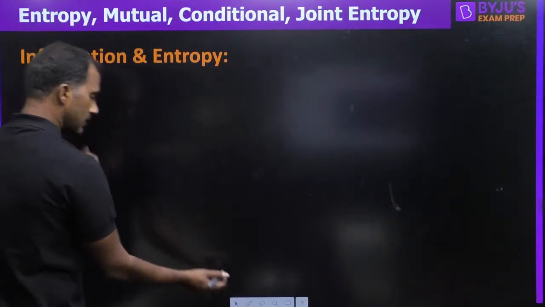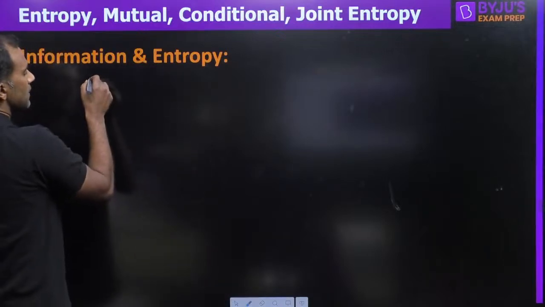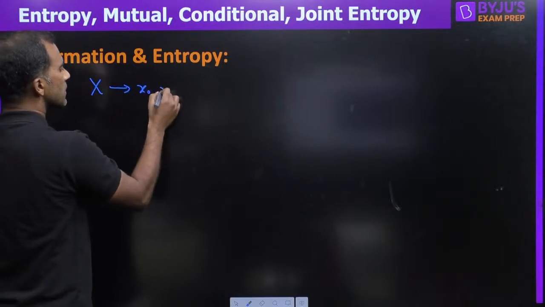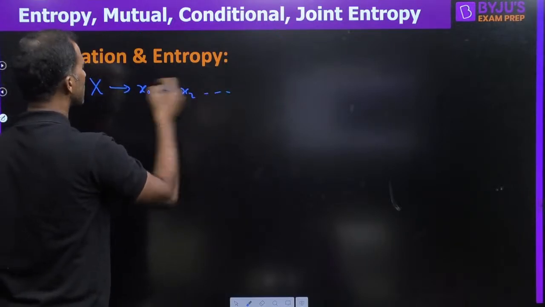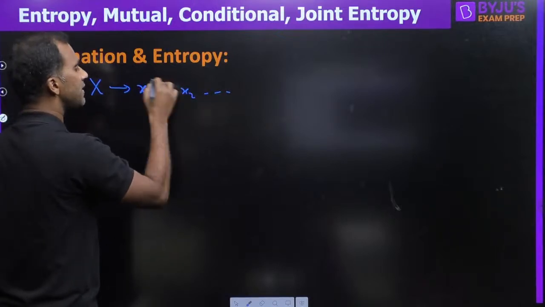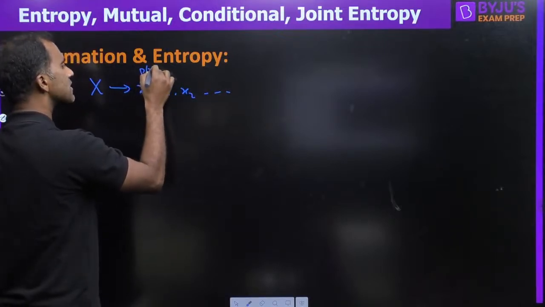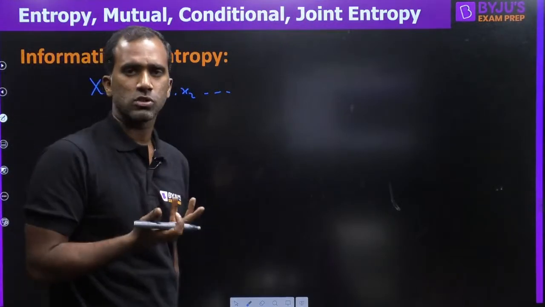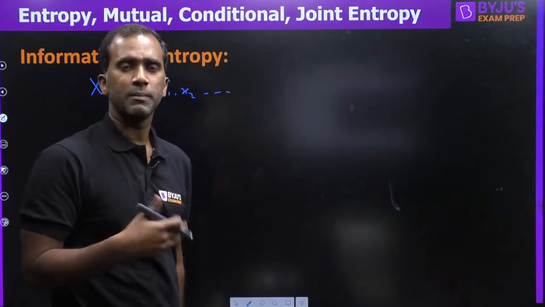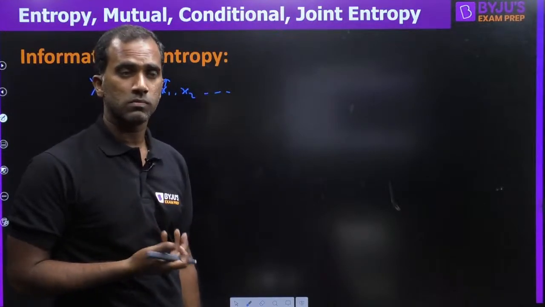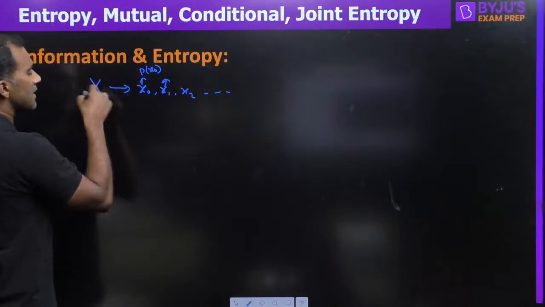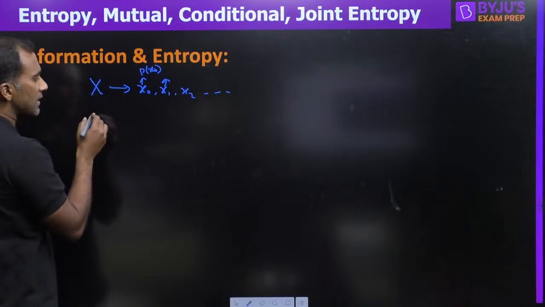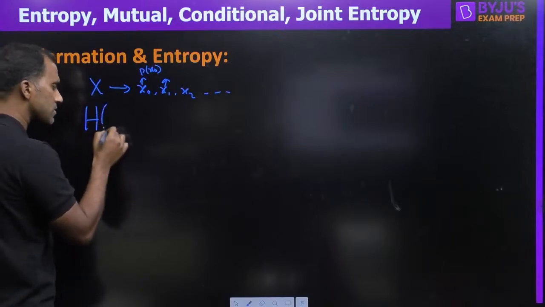Right. Now, what if x is a random variable and it takes some values x0, x1, x2, and so on? If you're talking about a random variable, all the possibilities of the random variable will have probabilities. The same discussion as the previous case, just using the word random variable here. The output of a source can be modeled as a random variable also. If I denote the outcome of our source as x, instead of H, we can use the notation H of x.